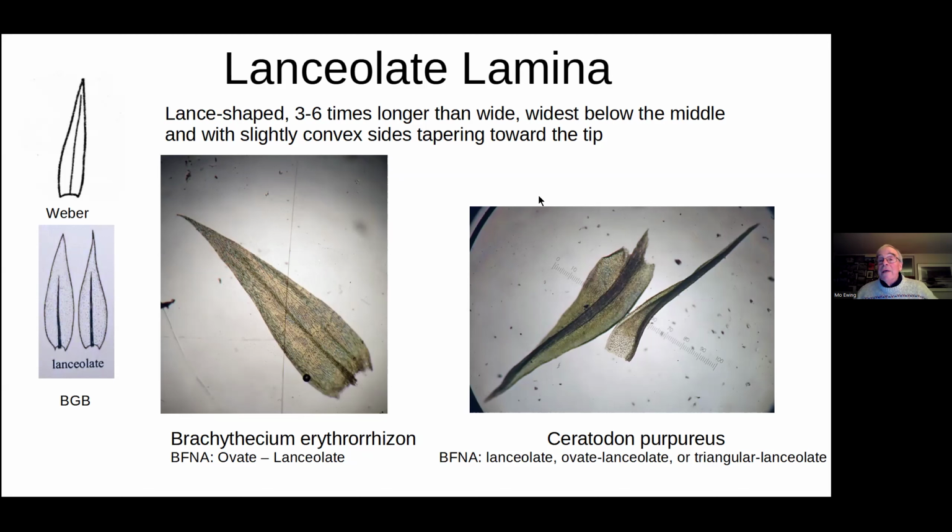And then what I did was to try to get definitions of the leaf shape. It's interesting that it's kind of hard sometimes to get a definition of the shape.